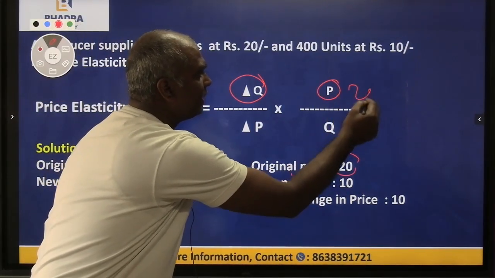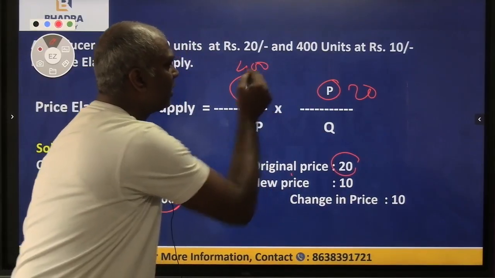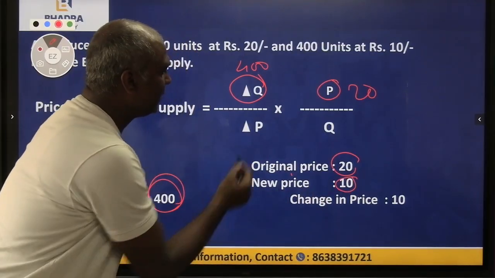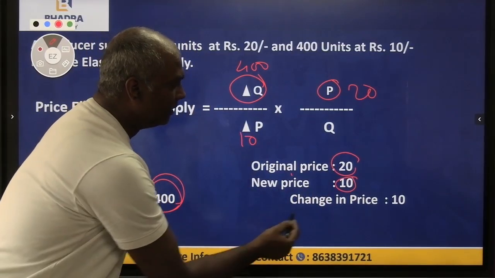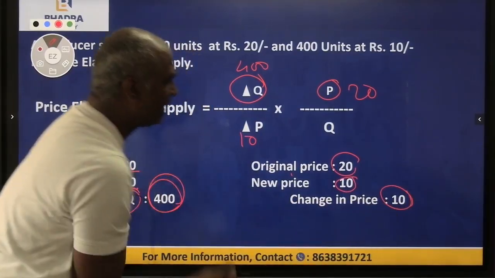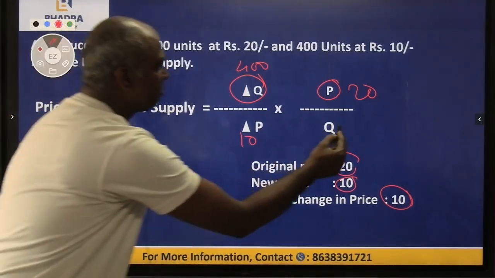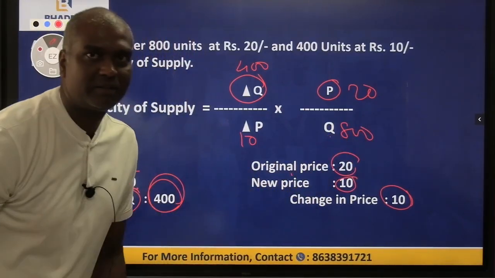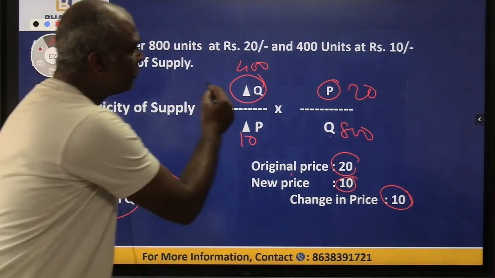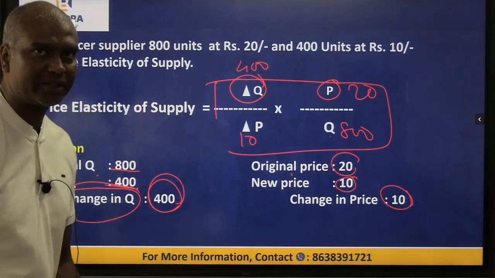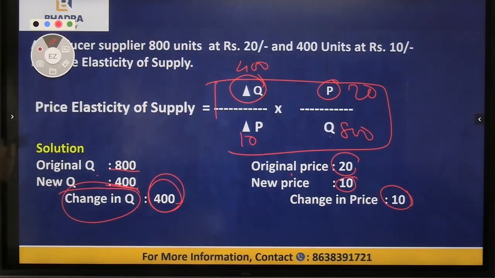Here we will put 20. New price is 10, so the change in price del P will be 10. What is the original quantity? The original quantity will be 800. Once you know the formula, putting the values is very easy, you can easily calculate. That is what I tried to show here, how to calculate this. I hope it is clear to you.